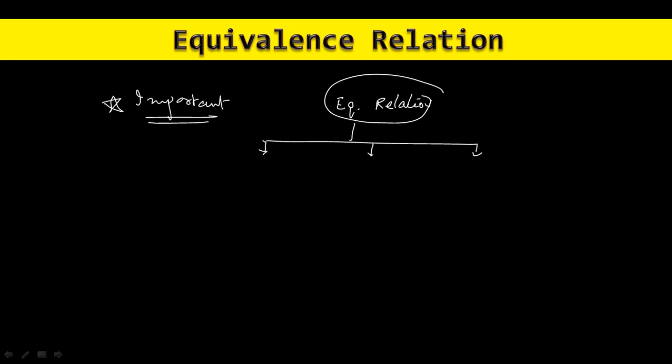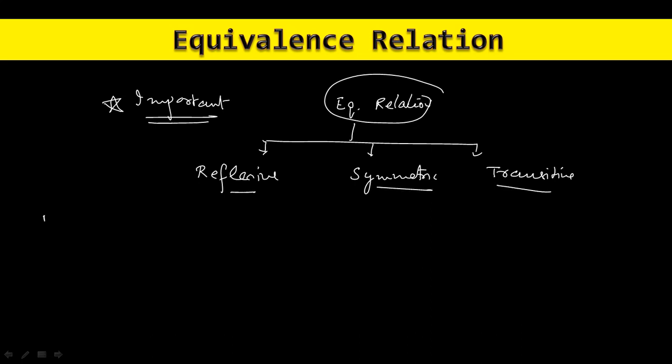First one is reflexive, and the second one is symmetric, and what about the third one? The third one is transitive. These are the three contents.